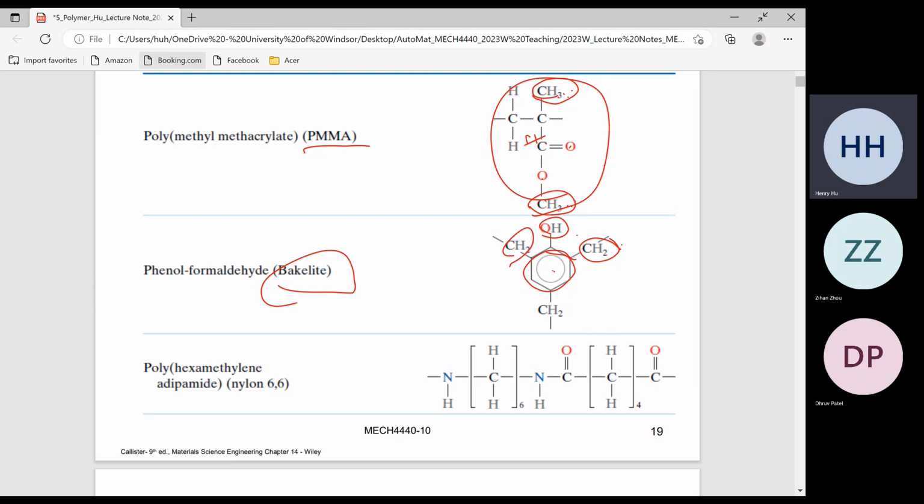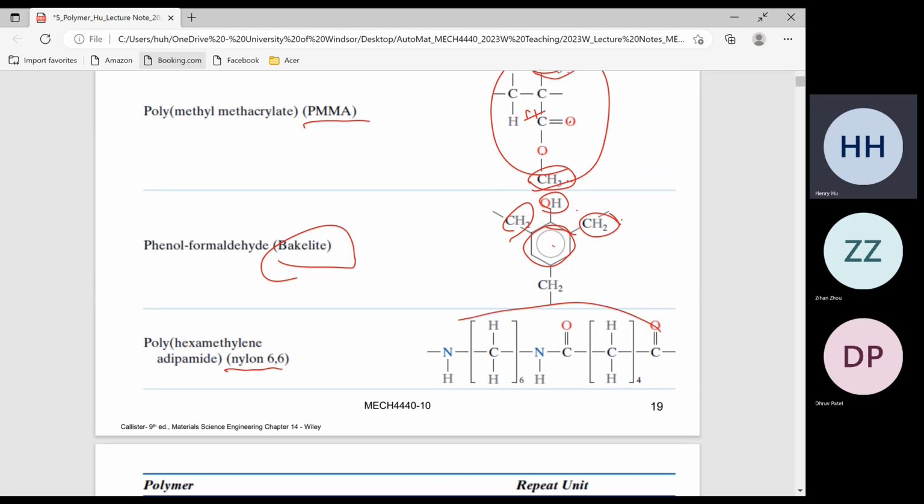Then polyhexamethylene adipamide, the nylon 66, and the structure is quite long, even the repeat unit itself.